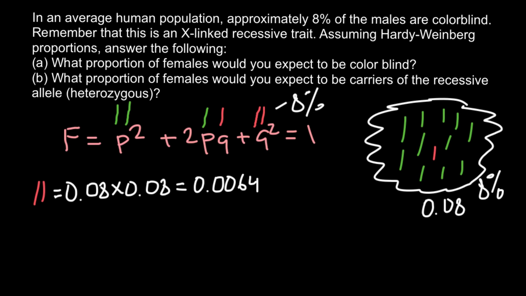Or if you need the answer in percentage form, you move the decimal point two places to the right, and the answer is 0.64%. So a little bit more than 0.5% of the human population, or 0.64% of the females, would be colorblind.